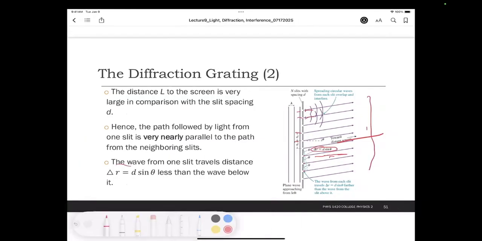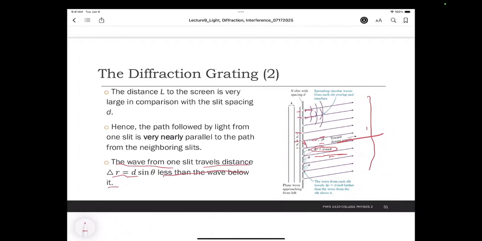The wave from one slit travels a distance delta r equal d sin theta less than the wave below it. Actually, we have already analyzed this just now, like here. For example, these two, we connect these two, and this one is theta.